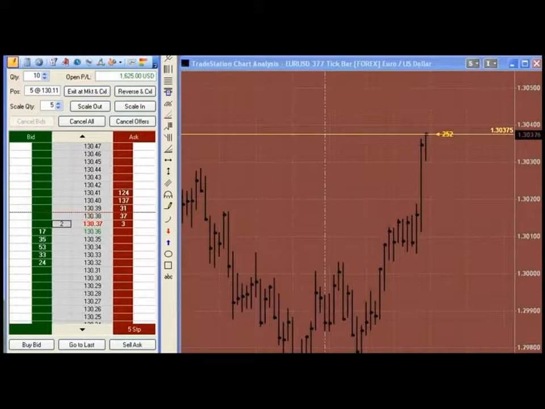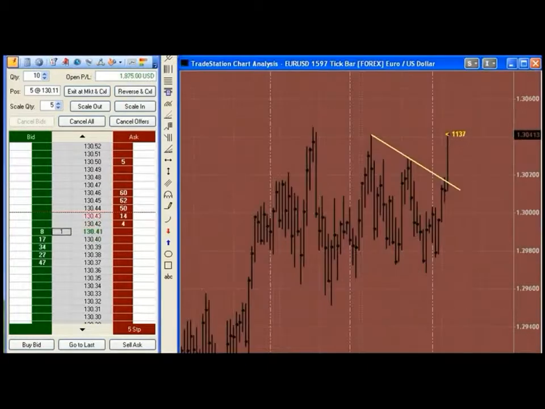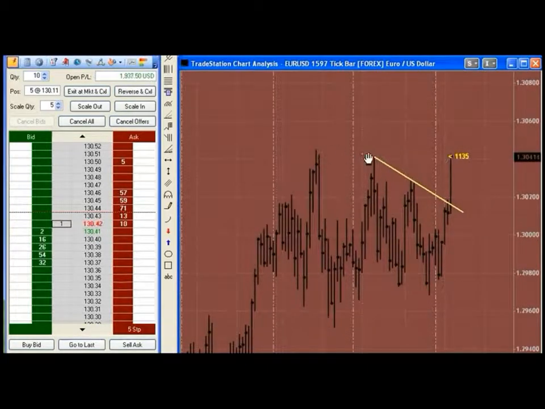And there it is. Right now I can close my trade and I got over $2,600. Now, as I mentioned to you early, a breakout through here would be really strong.